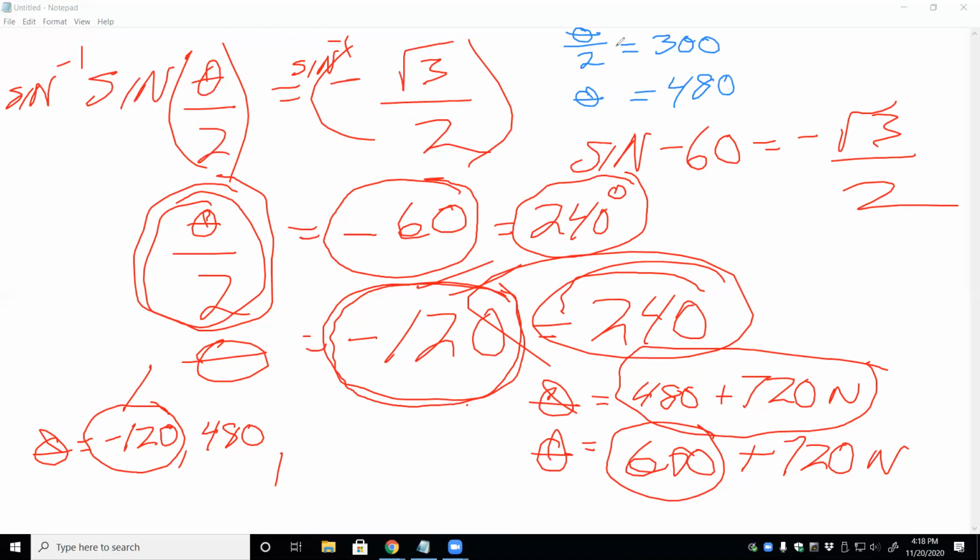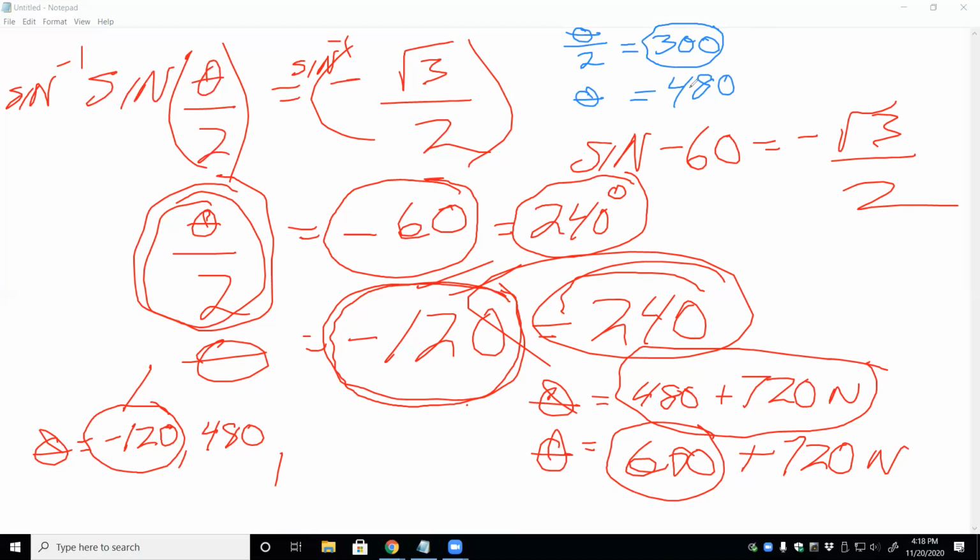Let me think for a moment. So that's definitely correct for theta over 2, right? If I took the sine of 300, I'd get negative root 3 over 2.